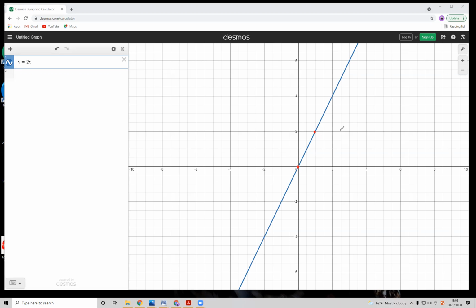So we are going to follow slope equals rise over run. We are going to start from one point. You can start from either point you like, but I prefer to start from the lower point.